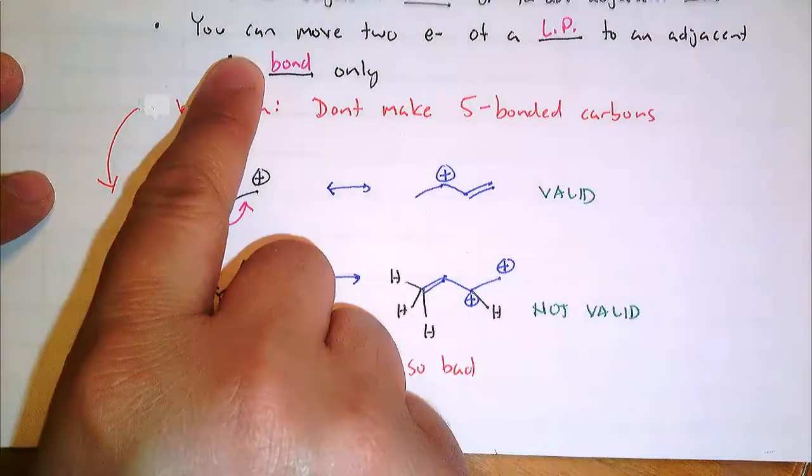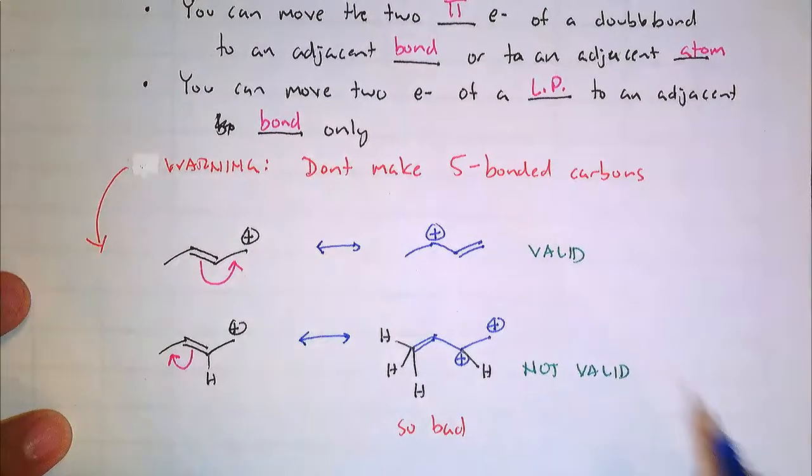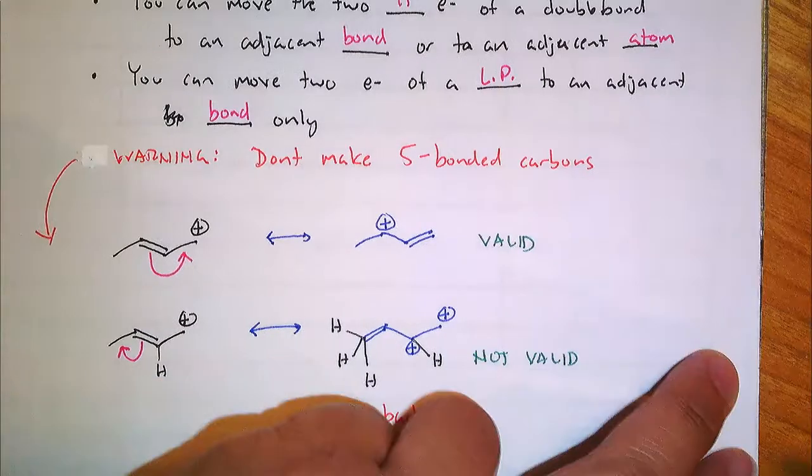Okay. This rule here: you can move 2 electrons to an adjacent bond. Let me give you one example, and it's going to be tight. Let me show you this example, and then we'll be done, at least for this first part of resonance.